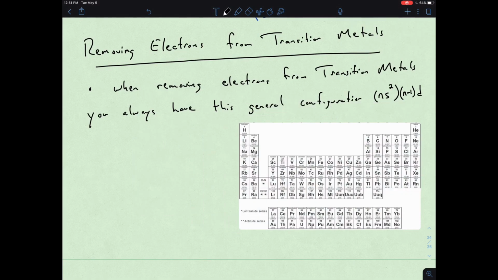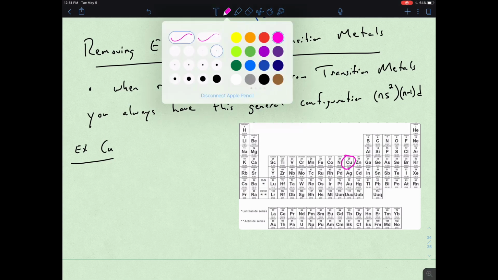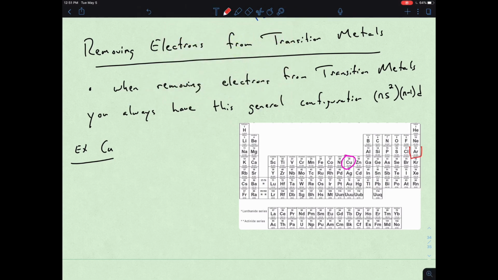And we can look at that example of copper, where we are right here. So that means we have our noble gas of argon, and then we're going forward with that. And so we find that for copper, we would have this 4s1 3d10 configuration.